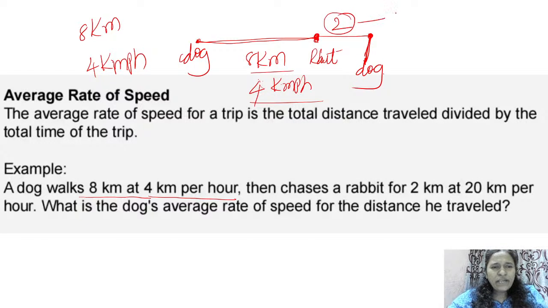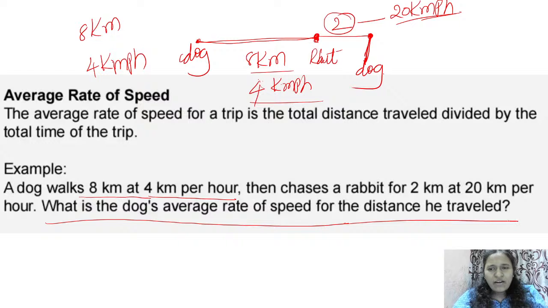What is the speed? 20 kilometer per hour. Then what is the question? What is the dog's average rate of speed for the distance he traveled? What is the average rate of speed? The average rate of speed formula we just understood. What is the average rate? Total distance by total time.